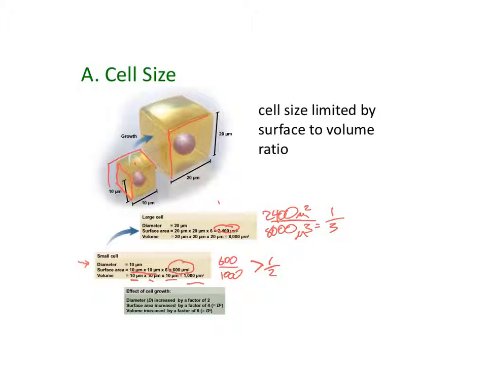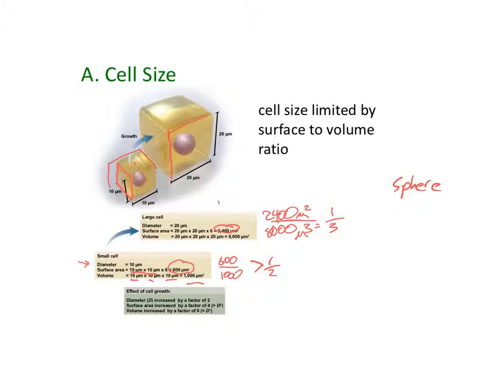So as you double the length of a side, the volume is increasing faster than the surface area. Another way to look at this that I like is looking at a sphere, without actually putting in numbers.